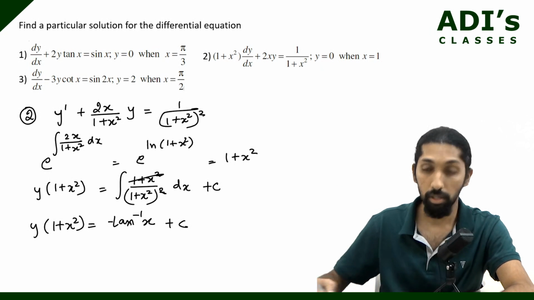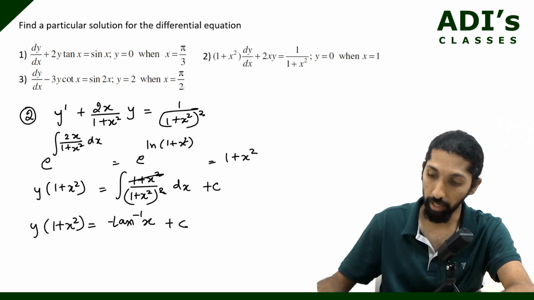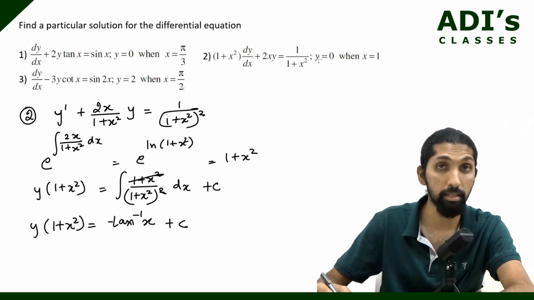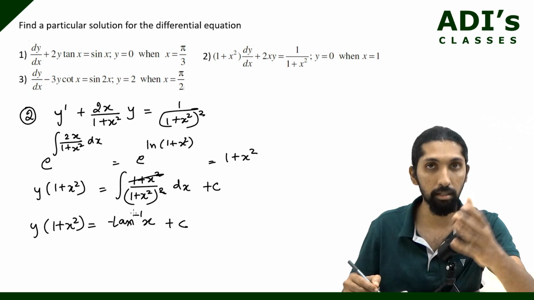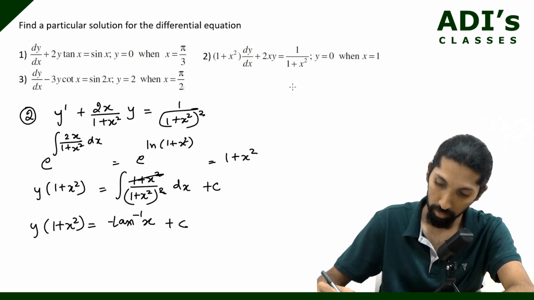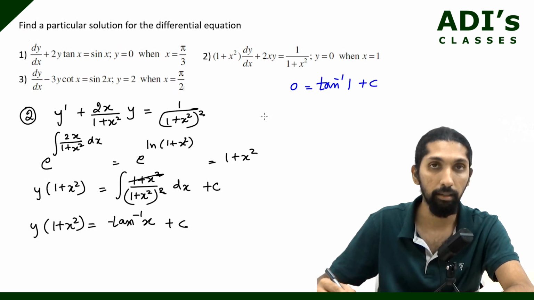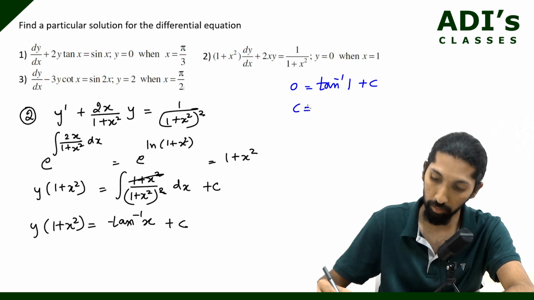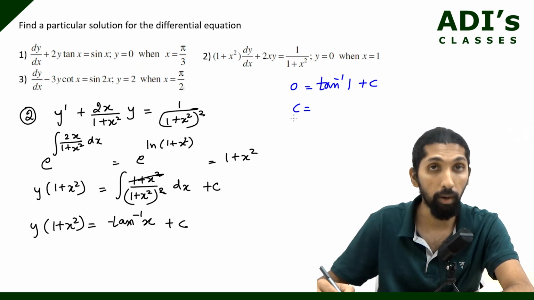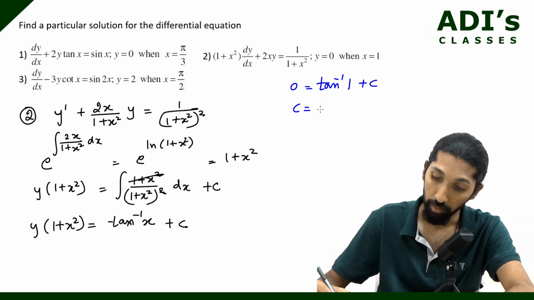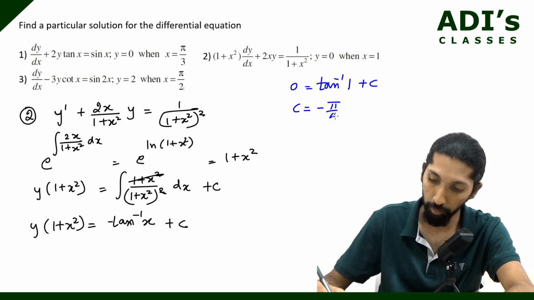Substitute the values. See, when you substitute, what do we have? So you have x, y is 0. So the LHS is going to become 0. So 0 is equal to tan inverse of 1 plus c, or c is equal to, what is tan inverse of 1? Pi by 4, minus pi by 4.